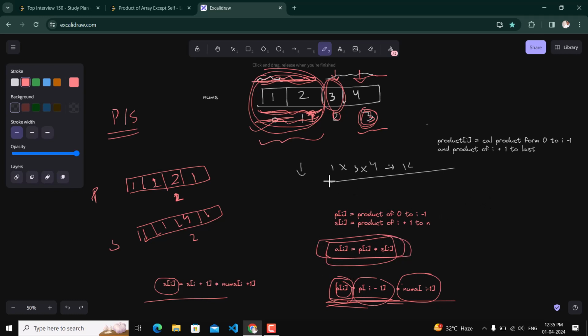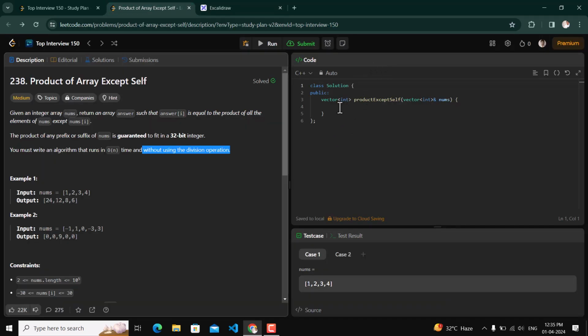So this is the whole concept, the second approach that we can use to solve this question without using the division operator. Now we have to implement this, so let's write code for it. First of all, we will have a variable n which will store the size of nums.